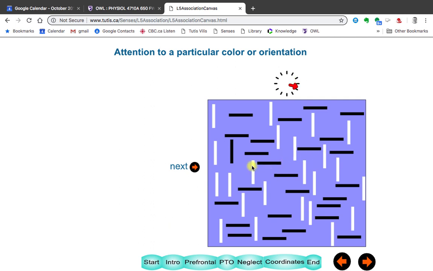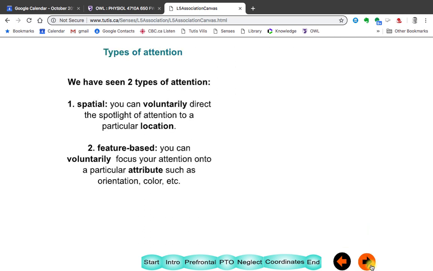Which one? This one here. Okay? Focusing on a certain color will allow you to attend to a certain object. So you can see how focusing on different attributes, focusing different parts of your brain to the task, can speed up your decision processing. And of course, that's using different parts of the brain.